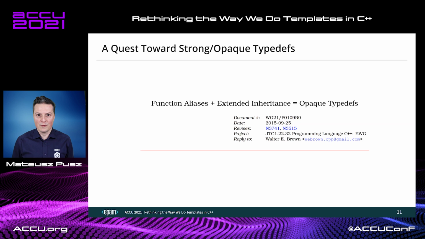Also, for your information, Walter is right now retired from the ISO C++ committee work. So if someone wants to help me in pursuing this path in order to add strong typedefs, we have to do it by ourselves.